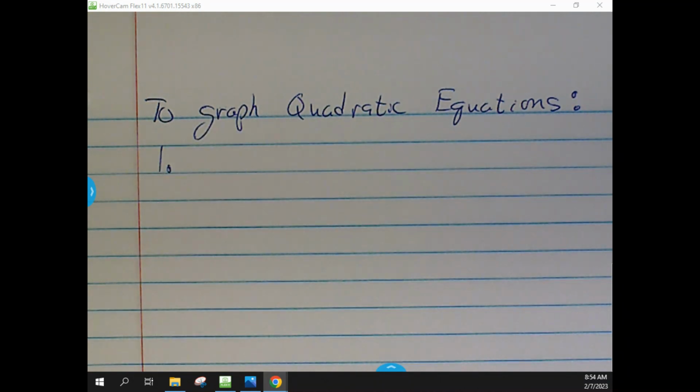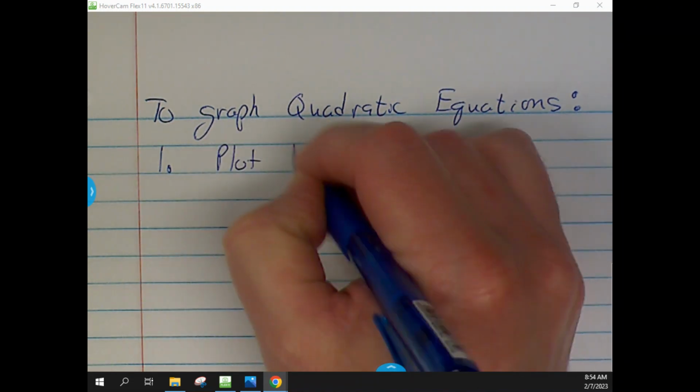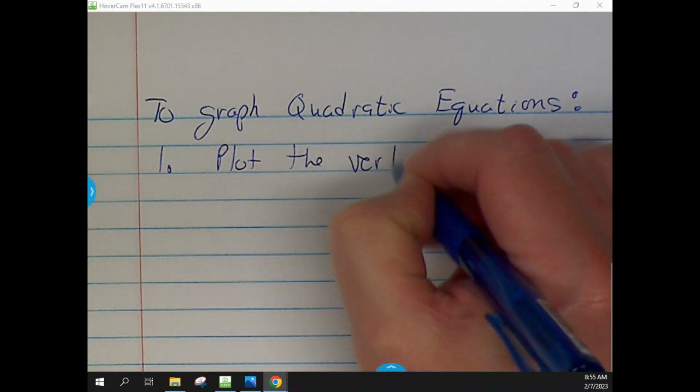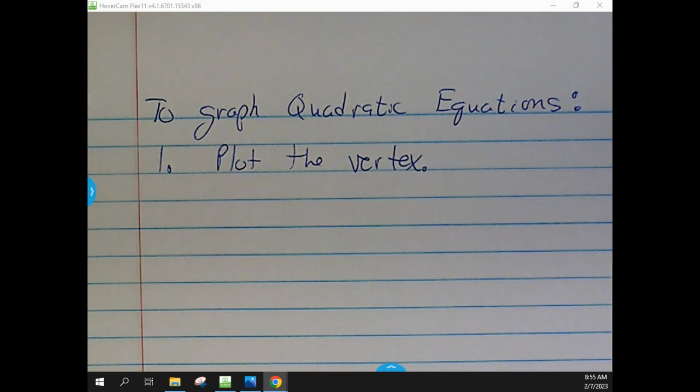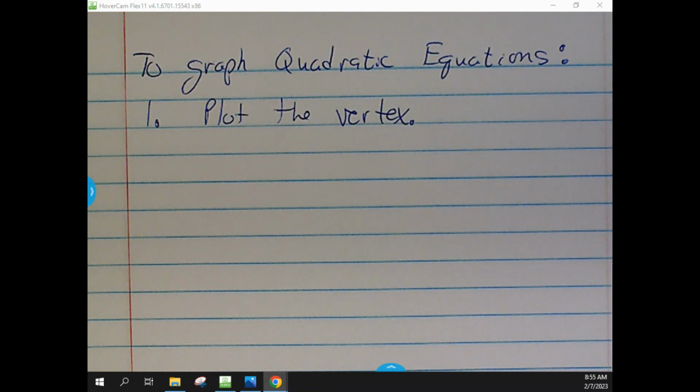So to graph quadratic equations, the very first thing we're going to do is plot the vertex. It's going to be really easy to find the vertex when we do these, and we'll show you how to do that here in just a little bit.